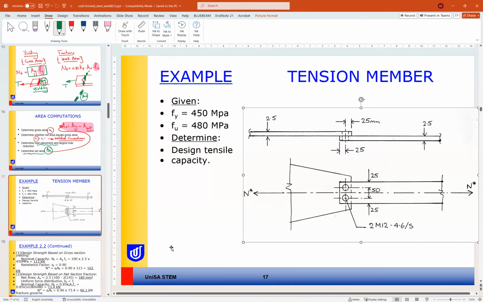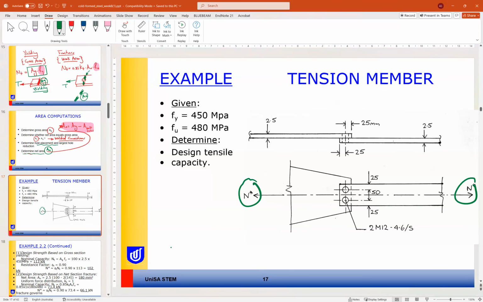If we have a tension member or tension connection like this, we need to find how much N asterisk can be applied to this connection. We know the member details and F yield and Fu for the steel, and we need to find the design tensile capacity N asterisk.